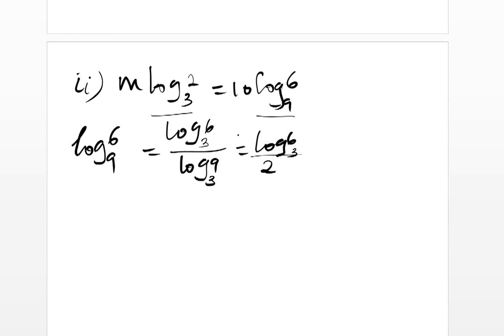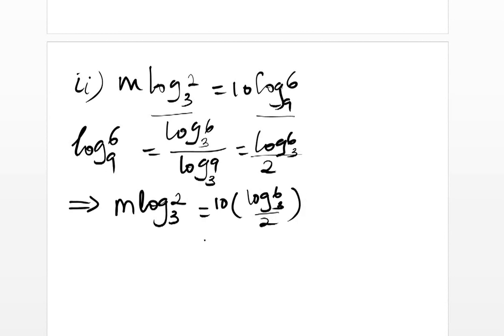So the equation becomes m log 2 base 3 is equal to 10 times log 6 base 3 over 2, which is 5 log 6 base 3.